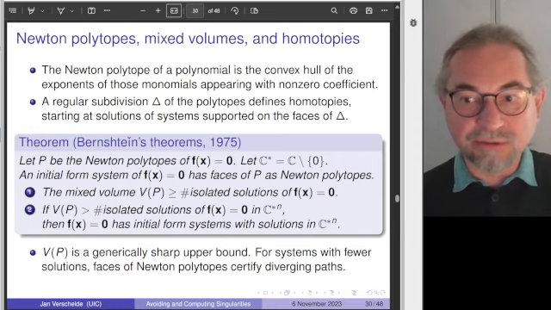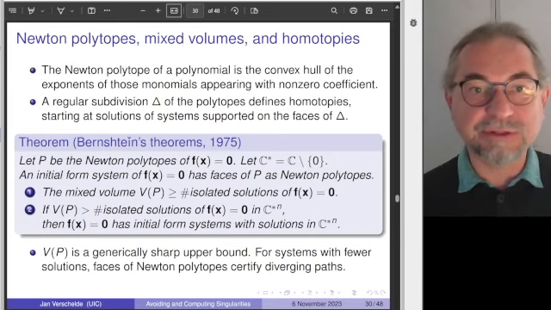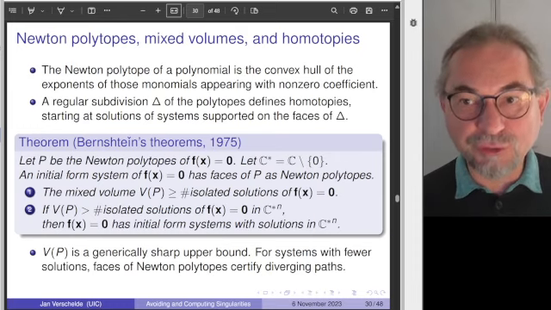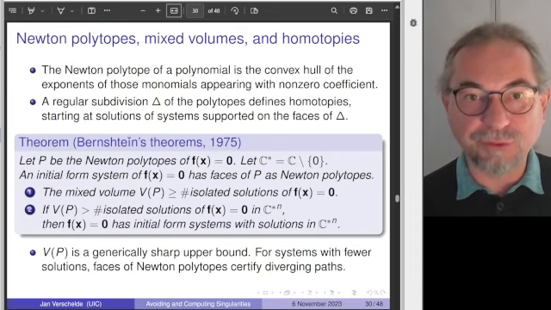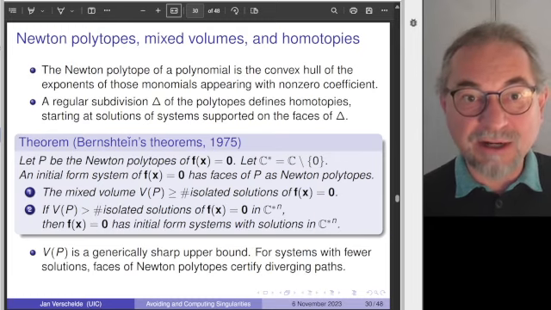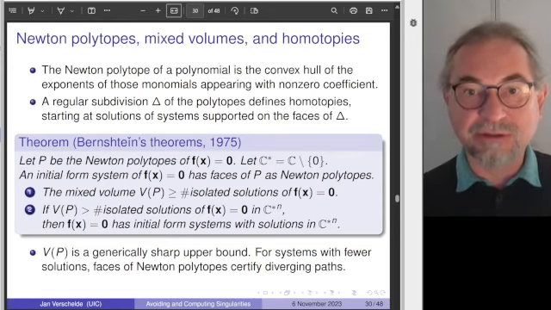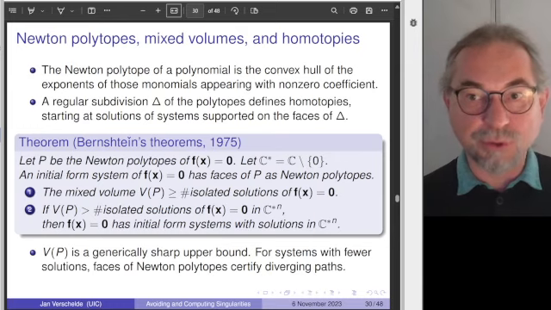Okay, in transitioning to the last part on singular solutions, I have to say something about how you can ever be sure to find all solutions. Well, we can compute generically sharp upper bounds on the number of isolated solutions by looking at Newton polytopes. For a Newton polytope, you consider all the exponents of the monomials with non-zero coefficients.